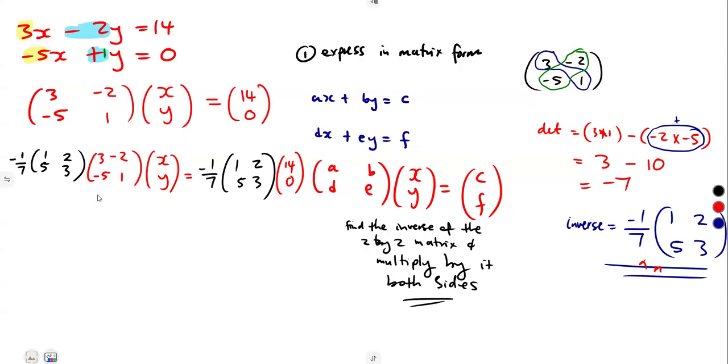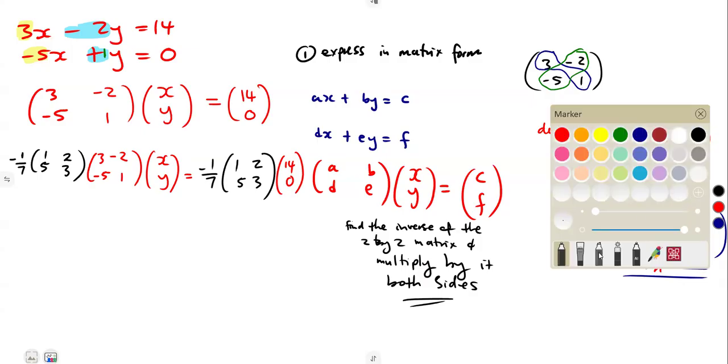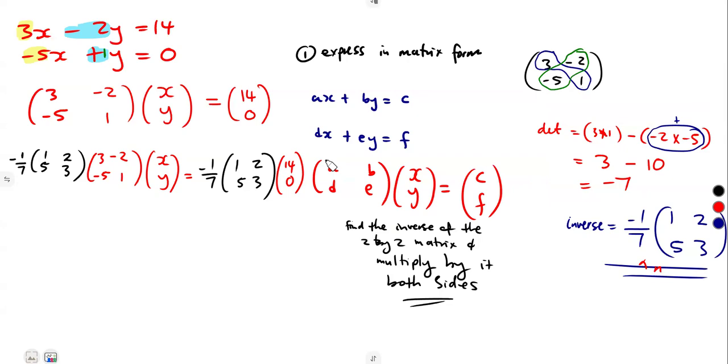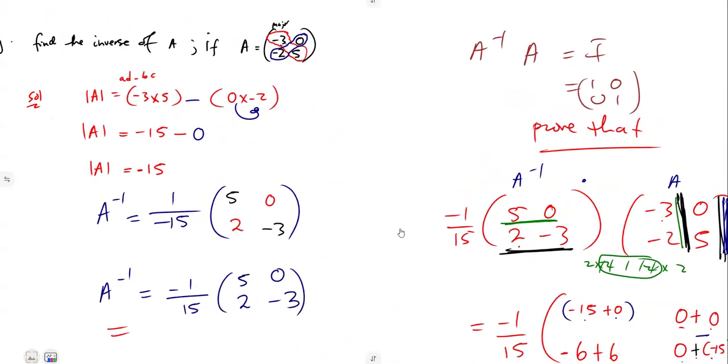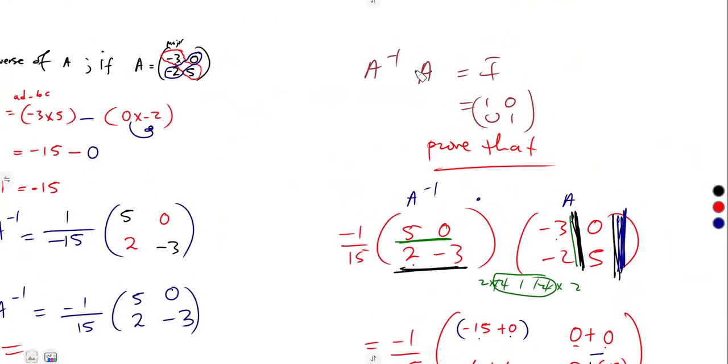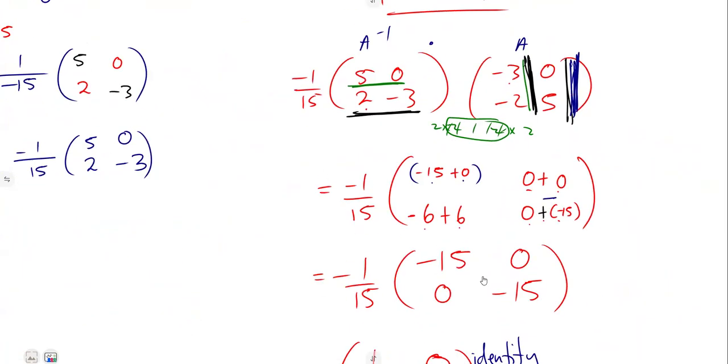But now, because of what we stated before, guys, when an inverse multiplies its original matrix, you obtain the identity matrix. Remember, we proved it even here.